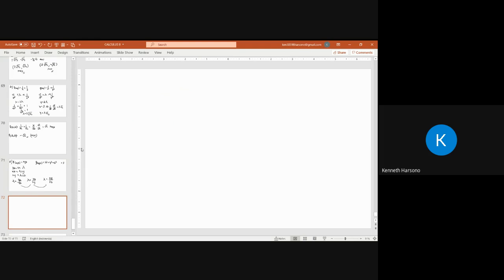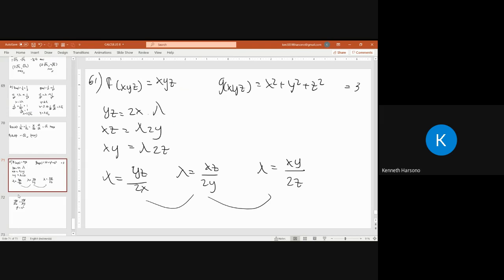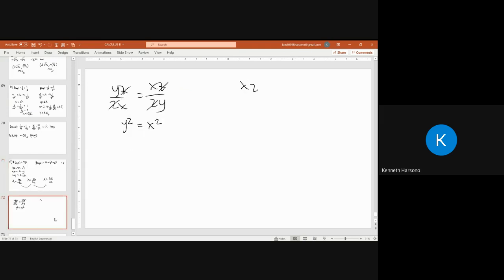So yc over 2x is equal to xc over 2y. Cancel the c, and we can get y squared is equal to x squared. And for the second one, xc over 2y and xy over 2c, cancel the x and 2. So c squared is equal to y squared.